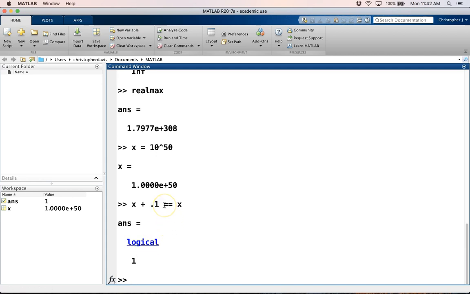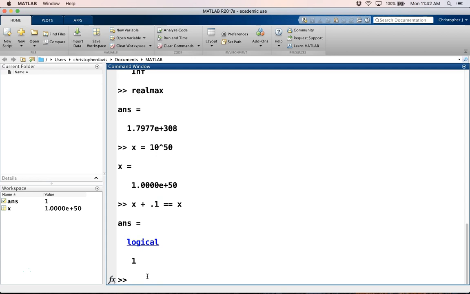Also, I want you to know that in general, writing equals equals is dangerous to do in MATLAB unless you're working with something like integers or maybe single decimal digit approximations like 5.3. If you're working with something like the square root of 2, that irrational number, or pi, that transcendental number, then using equals equals is probably very dangerous.